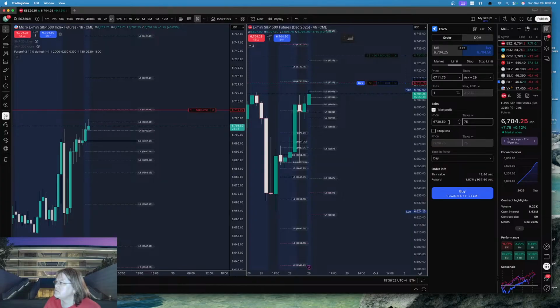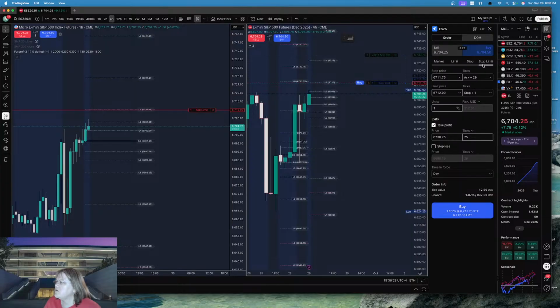I don't want to do a buy though. I want to do a sell. So I think I want to do a stop limit, 6711 and 3/4. I don't want to do the ask plus. I don't know how that works, because I want to do 11 and 3/4.